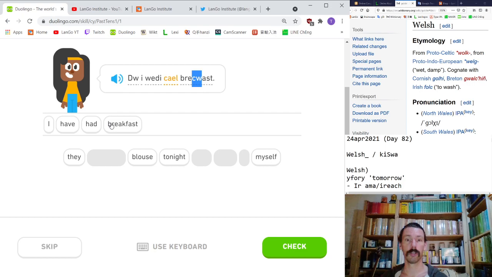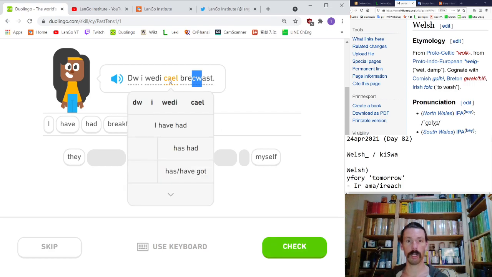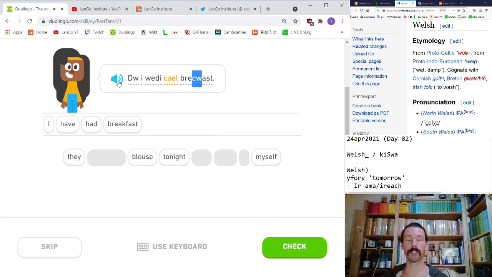Kwa. So you really have a voiceless glide there in that cluster. There is an F sound available in modern Welsh, but they didn't use it here. I have had. Cael. Dwi wedi cael brecwast. Dych chi wedi gwisgo?